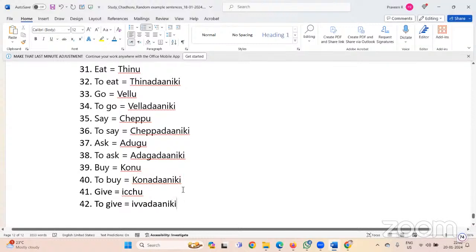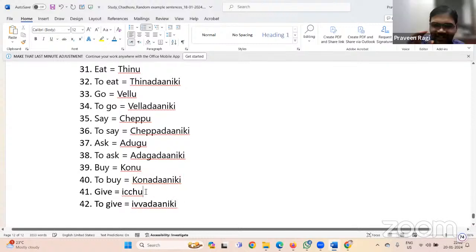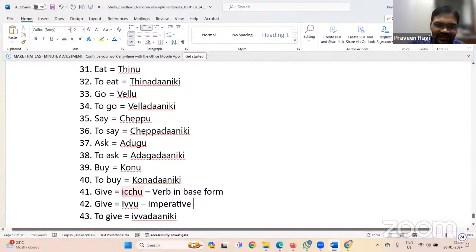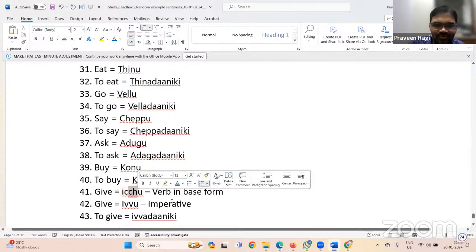So ఇవ్వడానికి. Okay? So let me give you the example. This is a V1 verb in base form, but there is another variation. Give means ivvu. This is imperative. This form we don't use in the spoken version. This is only just the V1 form.